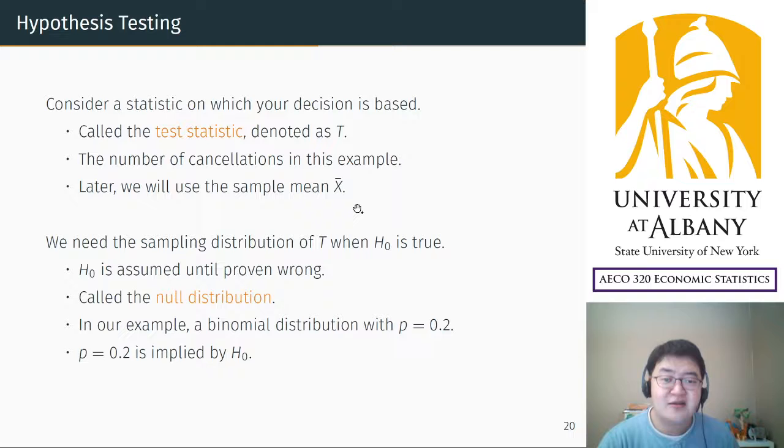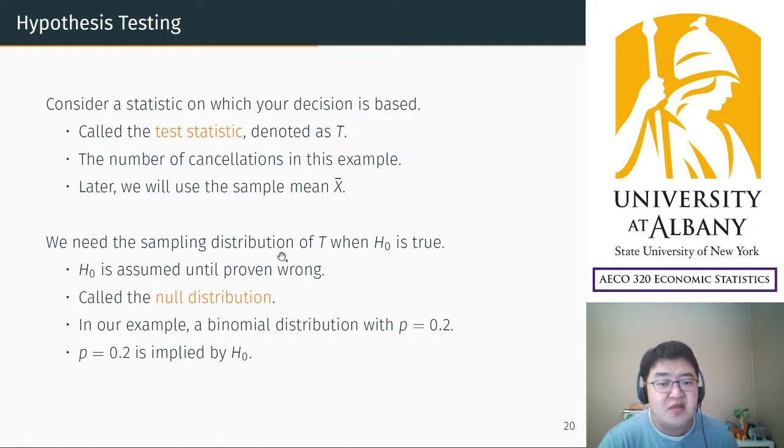It will be the sample mean because the sample mean is the only statistic whose sampling distribution we know. So we are going to rely on the sampling distribution again in this chapter. So we are going to calculate the sampling distribution of the test statistic, but this clause is very important.